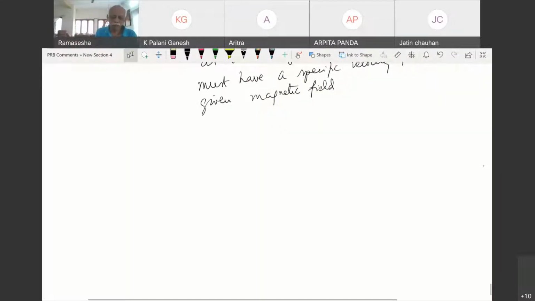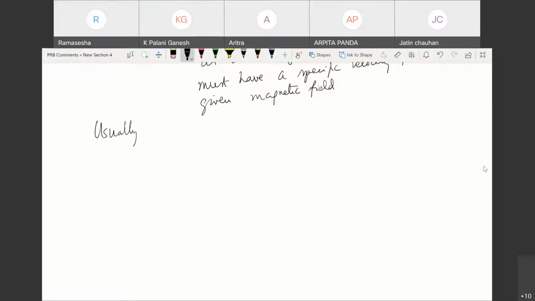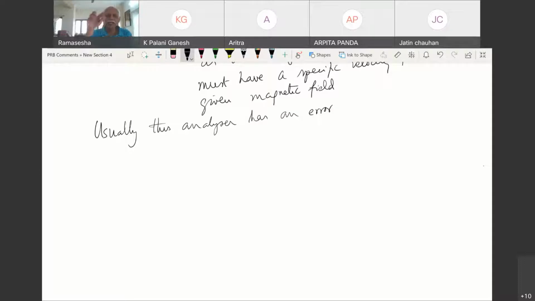So usually the reason why it will have an error is because of entry and exit.